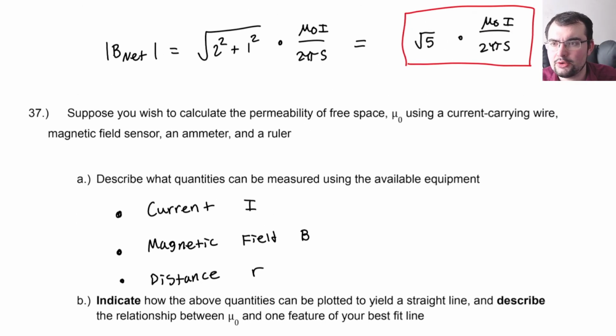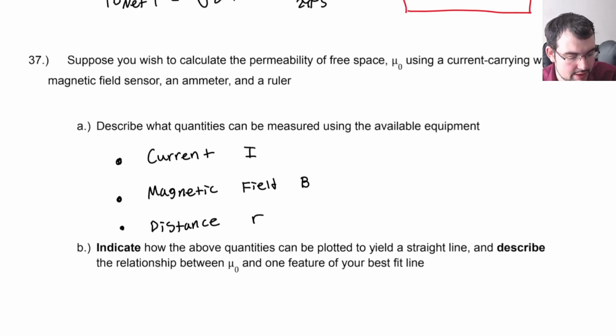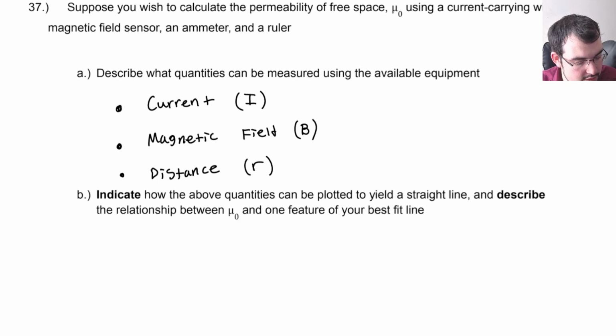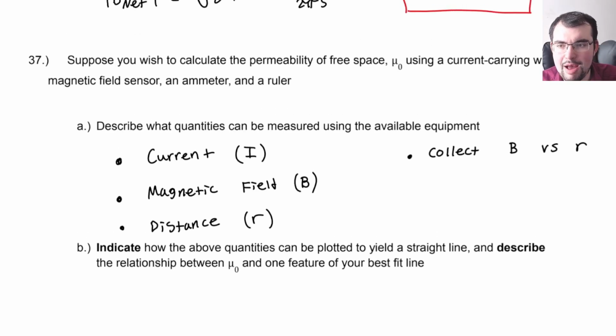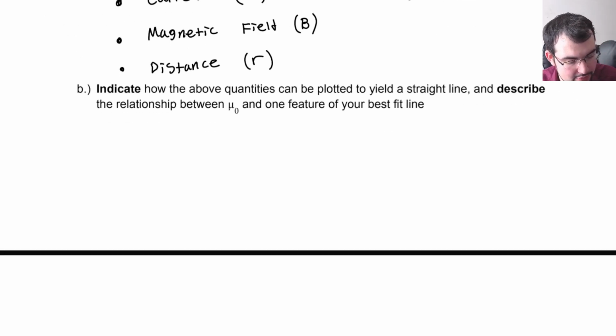I didn't actually tell you what you're allowed to change here, so there's a couple ways to do it. The intention is that you take the field sensor and probe at different distances from the wire. So we'll do that one first. You could collect B versus r and just measure the current through the wire once. You could also measure B versus I as well. I'll show both.